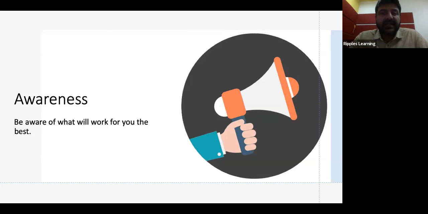HRA, you are staying in a rented house. HRA is allowed in the old tax regime. It's not allowed in the new tax regime, right? 80C is allowed in the old tax regime. 80C in the new tax regime is not allowed, right? Interest on the first house, the loan that you have taken, is allowed in the old tax regime. It's still allowed in the new tax regime.